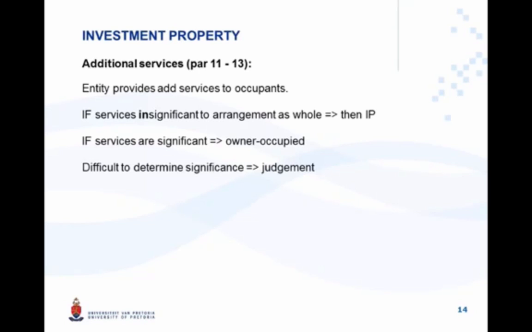But if the services become significant, the standard says you are now using that property as your main business operations and it becomes owner occupied. Where it's difficult to determine, you apply judgment. There is a section in paragraph 15 dealing with a parent and subsidiary situation, which we'll do in the group statement second semester.